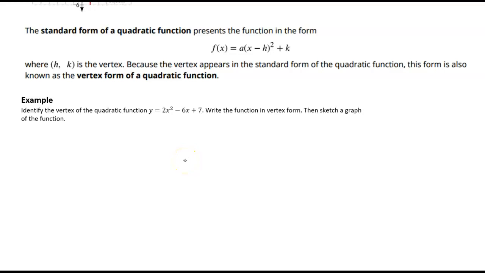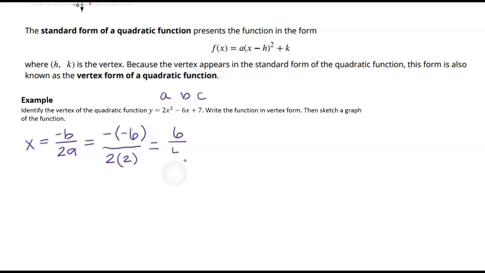So I'm noticing here that a is equal to 2, b is equal to negative 6, and c is equal to 7. I can find my axis of symmetry by plugging into negative b over 2a. I'm going to plug in negative b. So negative, and then b is negative 6, all over 2 times 2.